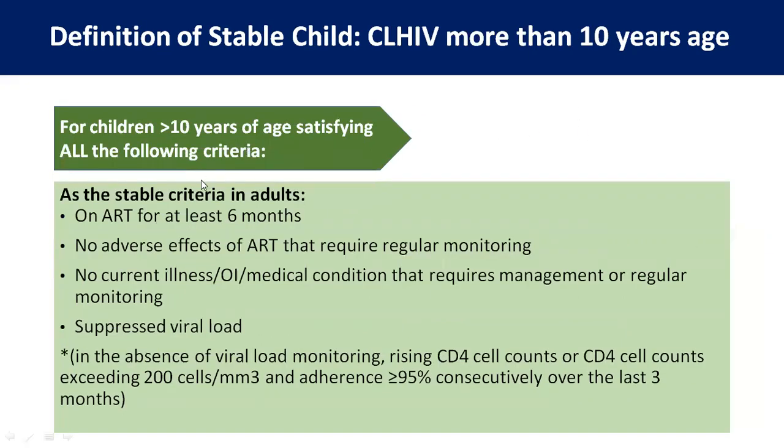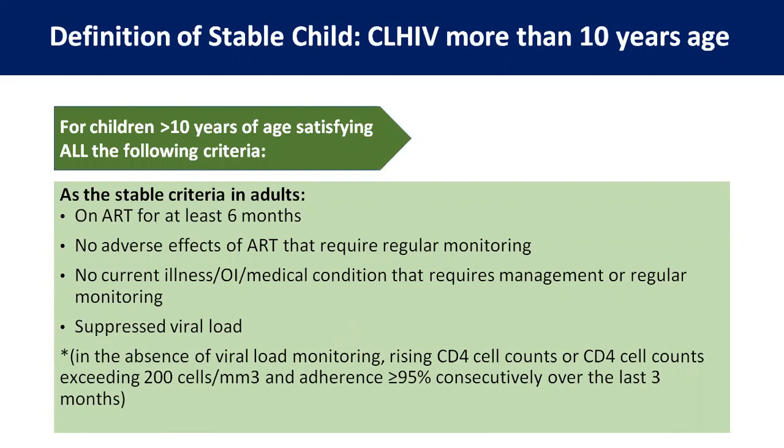For children more than 10 years, we say the child is stable if on ART for 6 months, no adverse effect of ART, you are monitoring every month, no concurrent illness or opportunistic infection or any other medical conditions, and suppressed viral load. In the absence of viral load monitoring, sometimes it's not possible because kits are not there or the viral load machine is not working, lots of issues might be there.